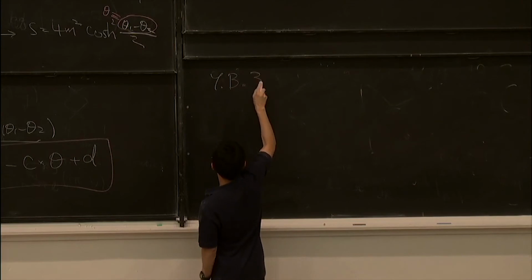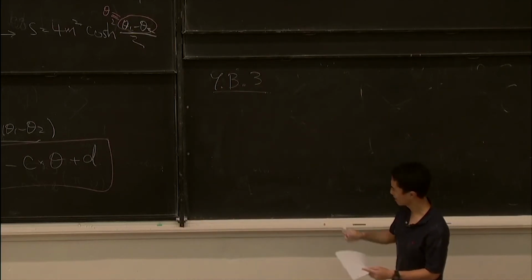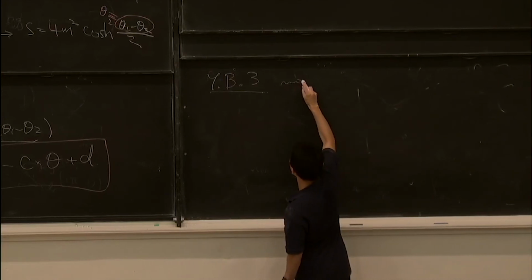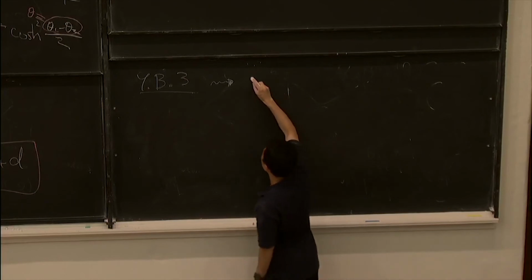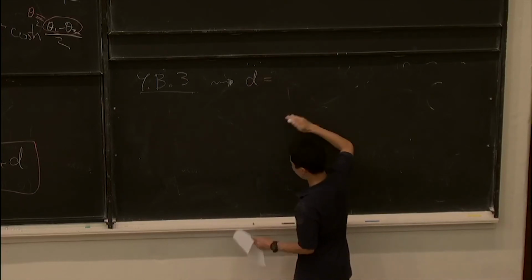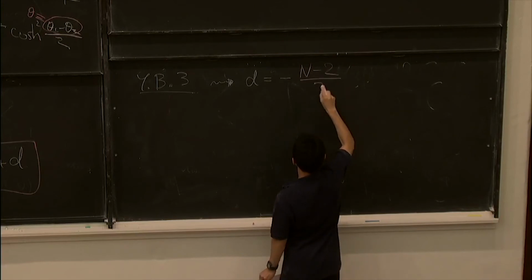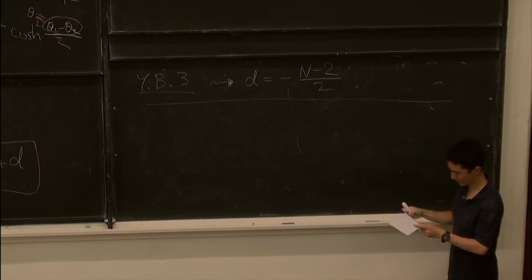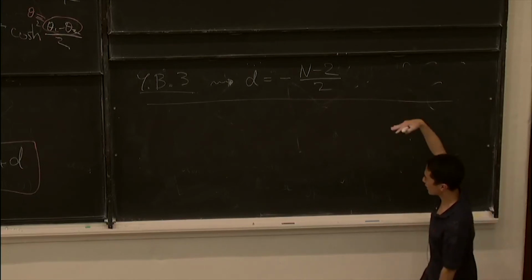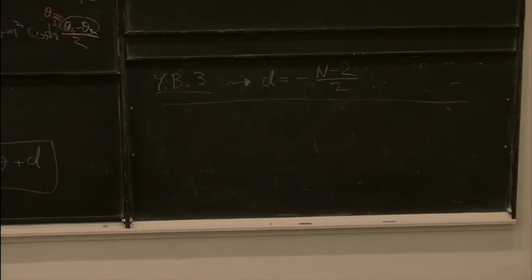There is actually yet another set of Young-Baxter equations, which I don't write down because this is an exercise problem in the afternoon. And if you analyze that Young-Baxter equation, you can actually fix the value of d. All right, so this is everything that we can learn from the Young-Baxter equation.